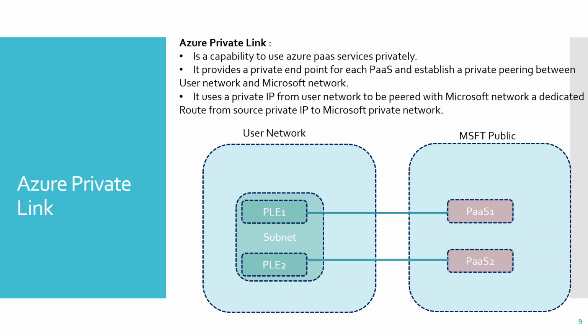That is how private connectivity can be established between a user network and a Microsoft network. It uses a private IP from the user network to be paired with the Microsoft network. We've already discussed, if you see the subnet, that will assign a private IP to each private link endpoint to be connected to the respective PaaS services. So that is how it works.